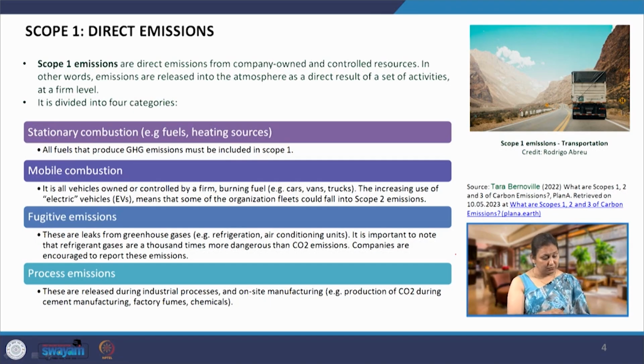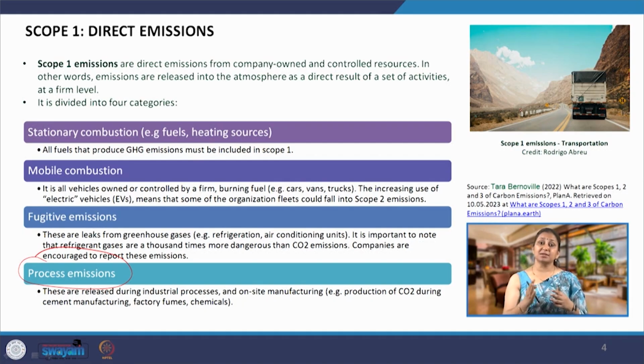The first one, which is actually mentioned here as 4th, is what I will tell you first here, and this is the easiest to understand. These are the process emissions. For example, we have an industry, we are manufacturing some chemical products, we are processing food, we are making fabrics.